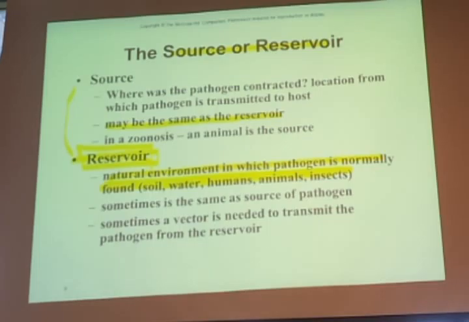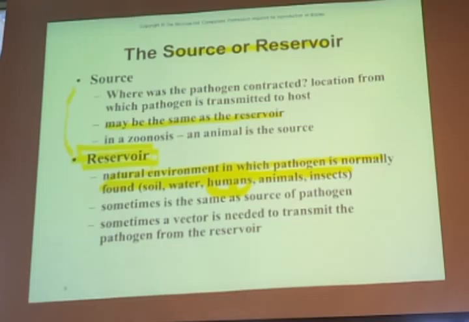So I think it's just easiest to think of it as the reservoir. That can be the natural environment in which the pathogen is normally found. That could be anything like soil, water, humans, animals, insects, and of course number one is going to be humans. But it could be someplace else; the reservoir could be soil, because an organism like Clostridium tetani can be in the soil.